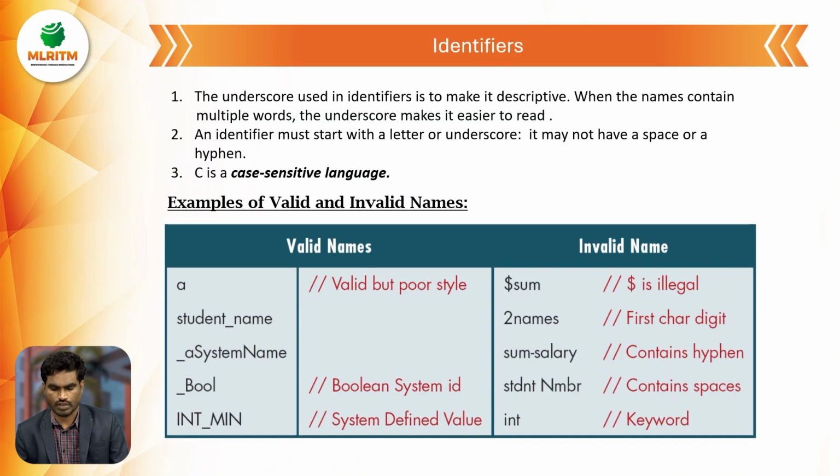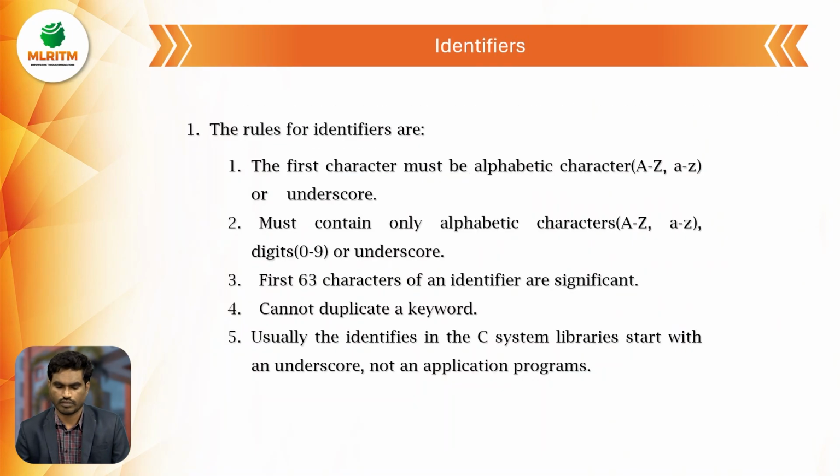The first character of an identifier: for example, an identifier refers to the variable names. Here, A is the identifier. The first character must be an alphabet. Next, digits must not be followed by characters. For example, 1A is not a valid identifier. This is the valid identifier.